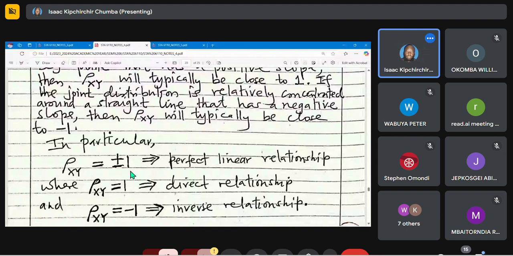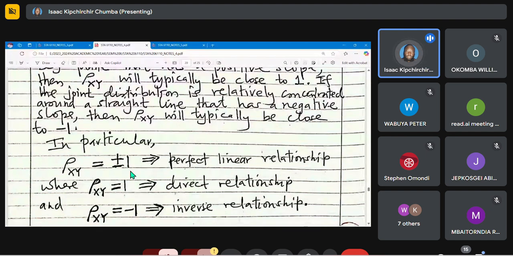So when you have a scatter diagram and they are just concentrated around a straight line with positive slope, you can actually make conclusions and talk of a direct relationship there.